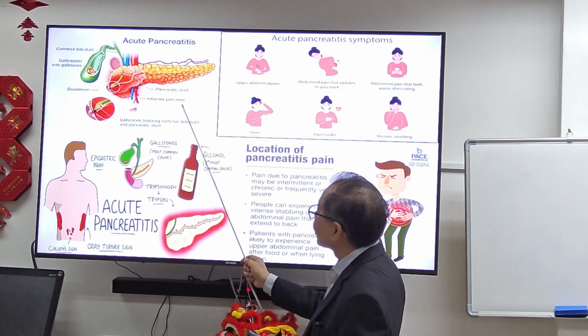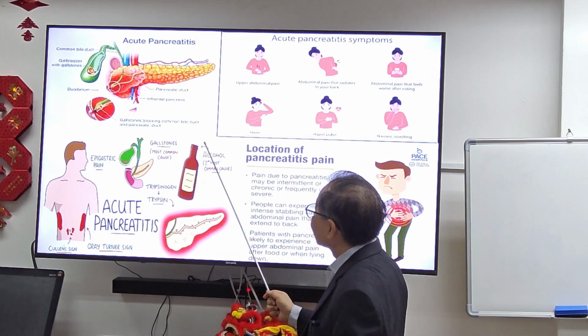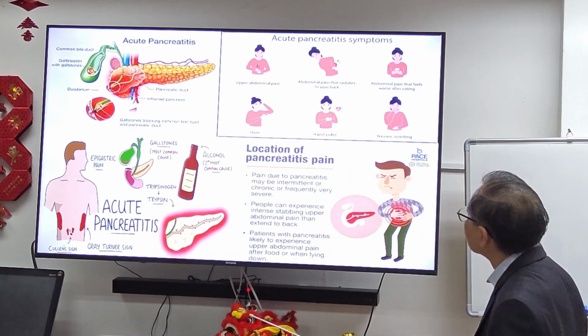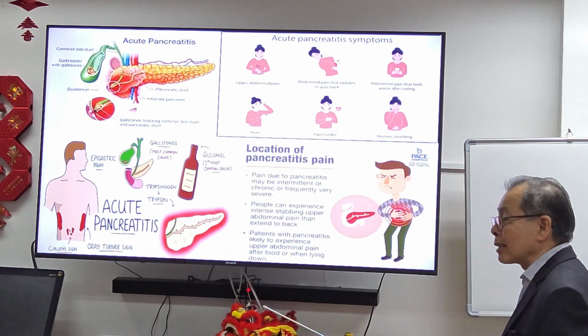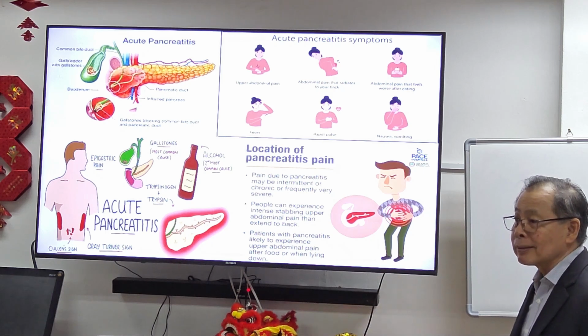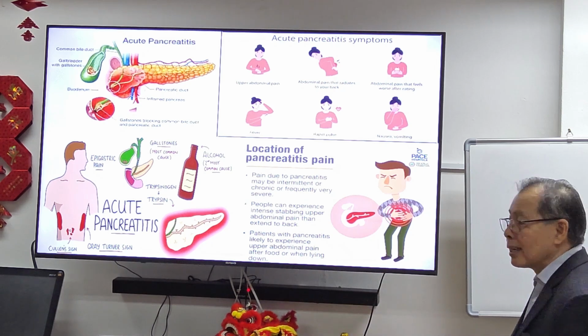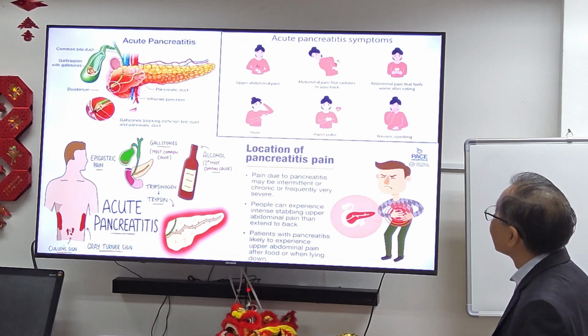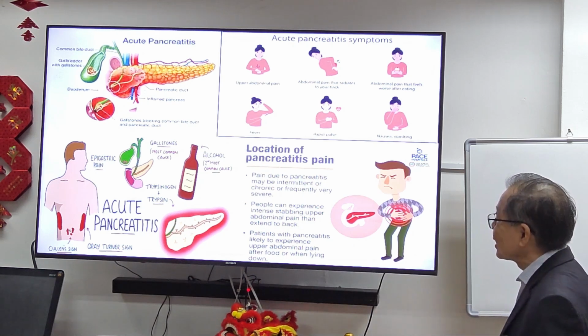So the most common cause, gallstone. Second is alcohol. I have treated quite a few alcoholics who have pancreatitis. I treat them for alcoholism. If they have pancreatitis, a surgeon would look after that. So that's where it is.